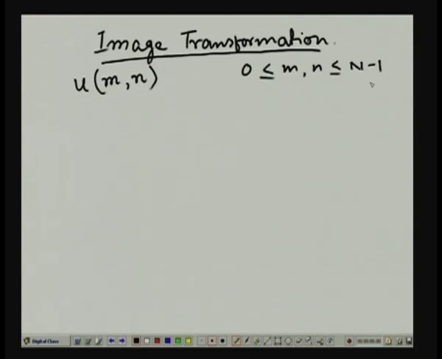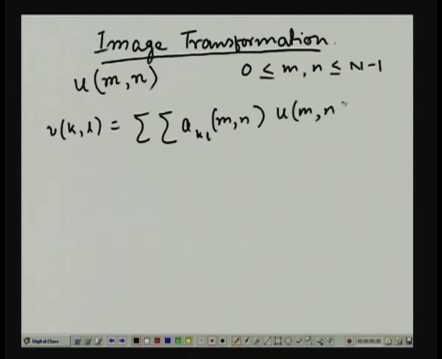So, we are considering an image of dimension capital N by capital N. Now, the transformation on this image can be represented as V k l, which is again a series summation of A k l m n into u m n, where m and n vary from 0 to capital N minus 1.